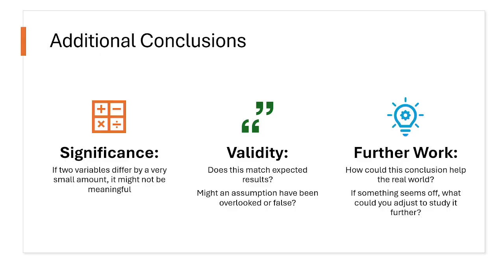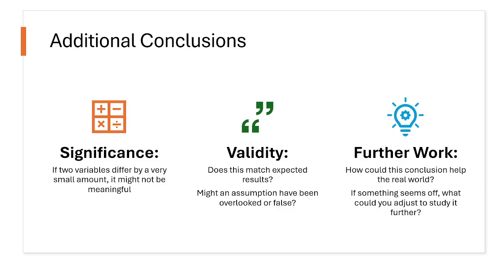Further work. This means once you've done the test, you can't just wipe your hands off and go off into the sunset. We do this for real world applications. So if we've proved that a drug is statistically better at preventing some disease, then we will move further along in the drug making process.